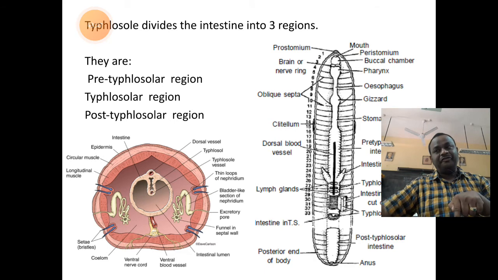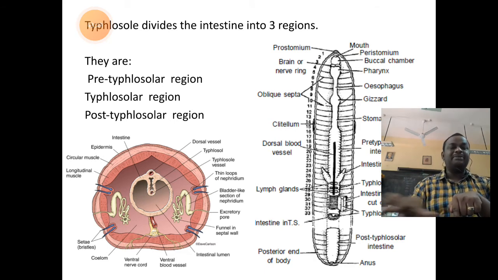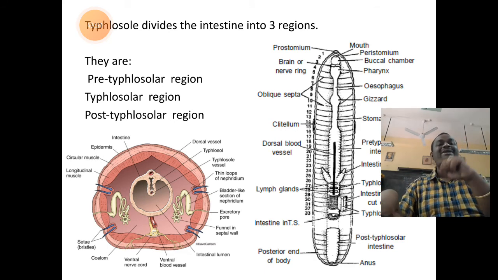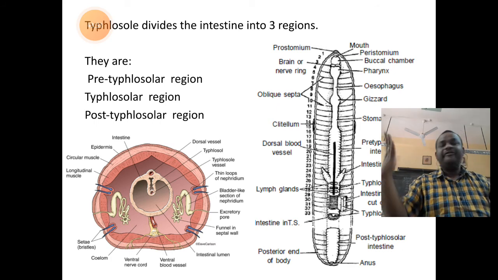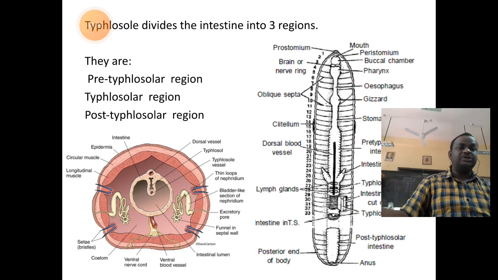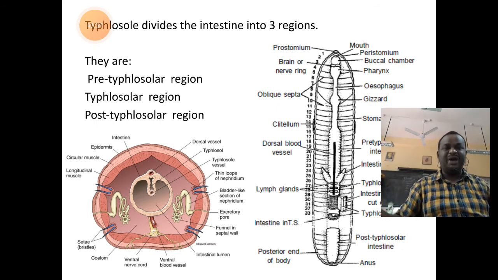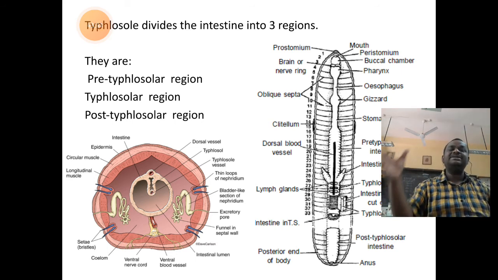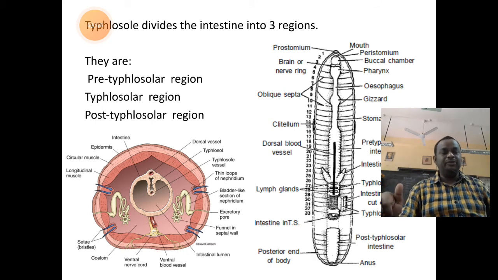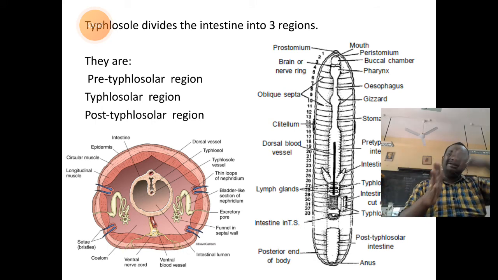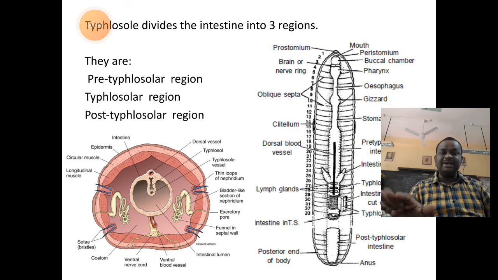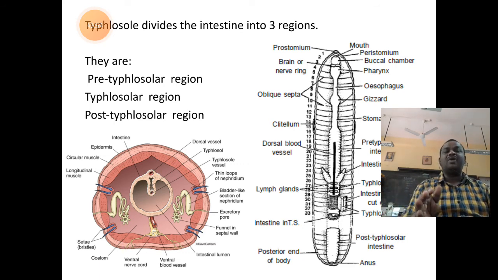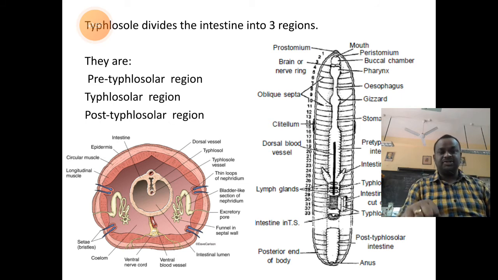So, between 15 and 27, whatever segments are there, that is called the pre-typhlosolar region. From 27 to excluding the last 25 segments, the part of intestine is called the typhlosolar region, because that part contains the typhlosole. And the last part, the last 25 segments without the typhlosole, is called the post-typhlosolar region.